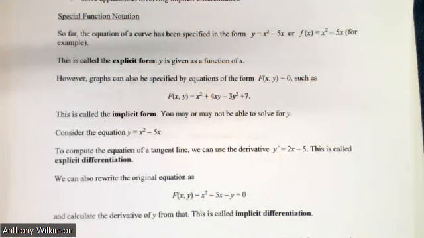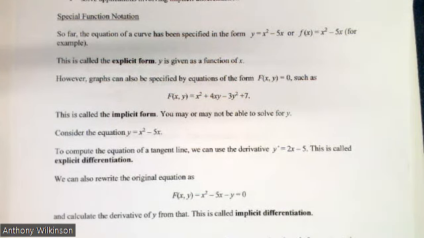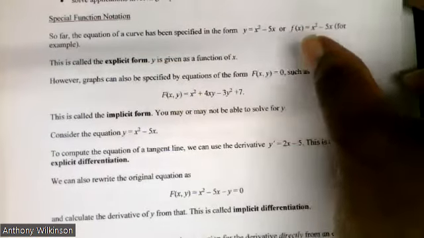Now that original equation can be written like this: f of x comma y is equal to x squared minus 5x minus y equaling 0. And we can calculate the derivative of y from that. Now, this is what we call implicit differentiation. And that's the basis of this entire section 3.5, which is going to be on implicit differentiation.